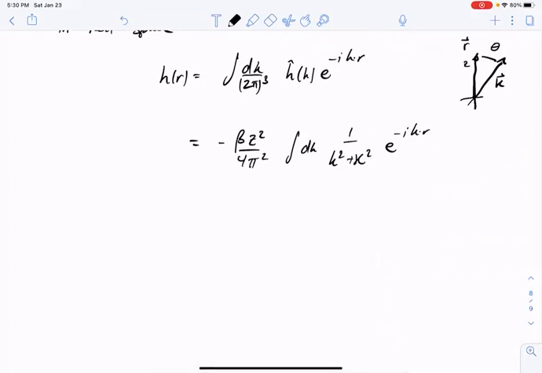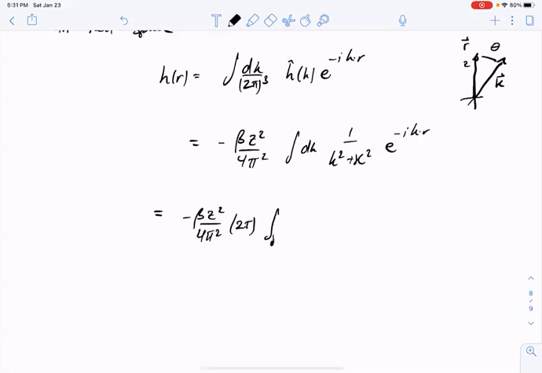So that lets us write down in spherical coordinates an integral. The phi angle associated with those spherical coordinates will give me a 2 pi. There's no dependence on phi.